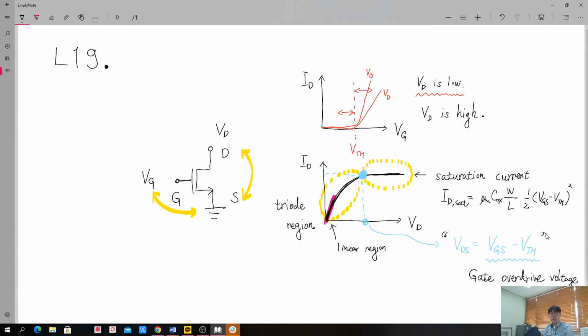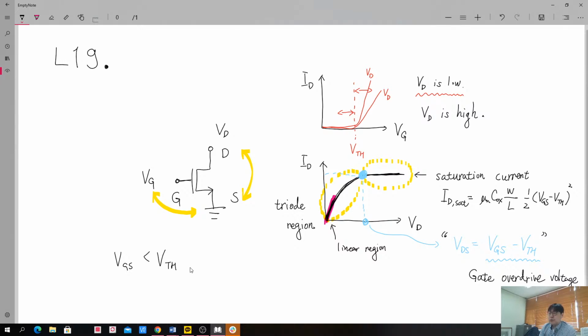into your triode expression, then you will immediately get this expression. Okay, now you have understood the behavior of your drain current as a function of gate voltage and drain voltage. Of course, we have not discussed the case where gate voltage is even lower than threshold voltage. In this case, we believe that the channel is not formed and there are no electrons between source and drain, so it is very difficult to allow any kind of current conduction.